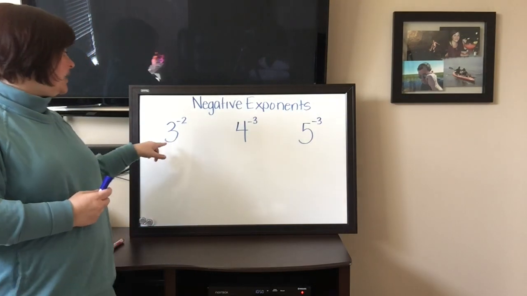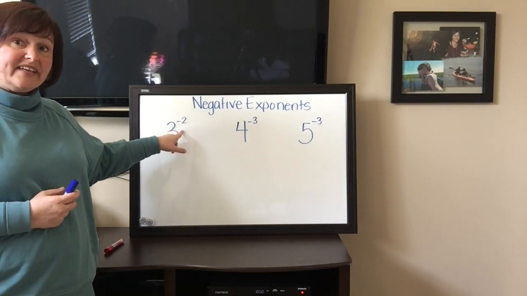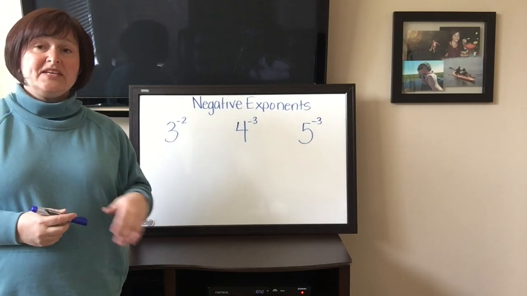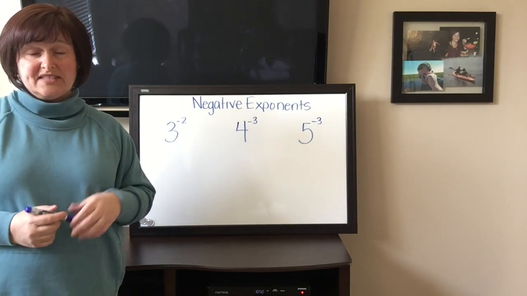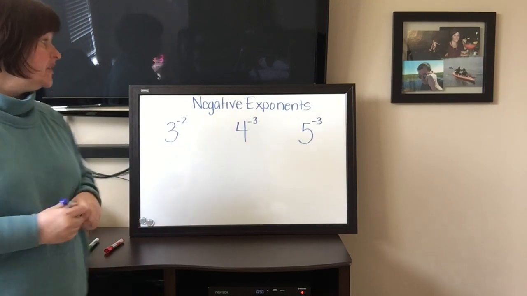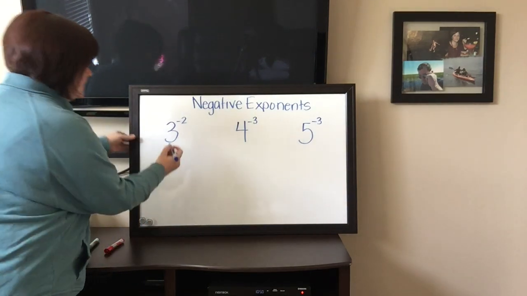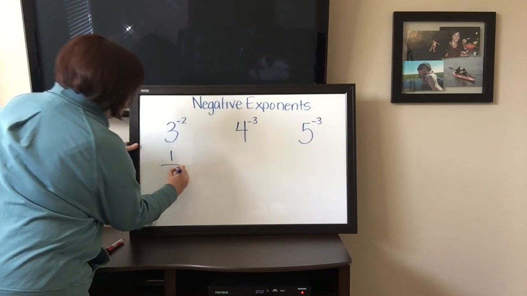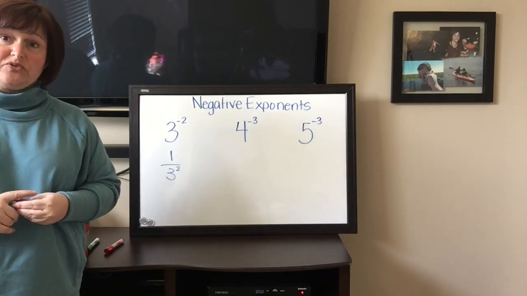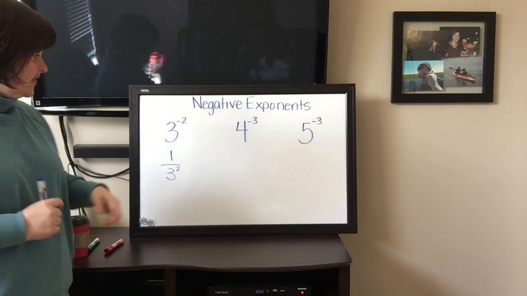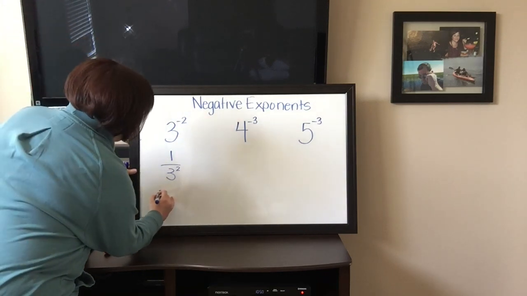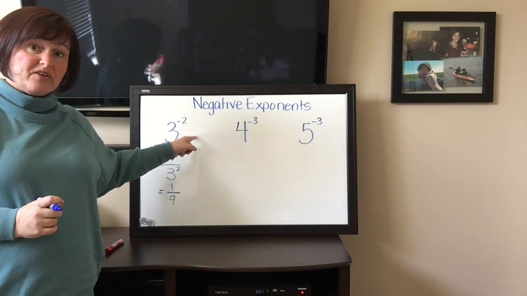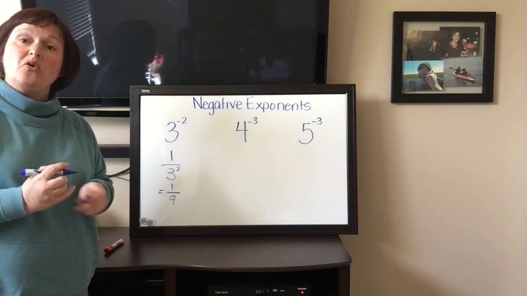And therefore, when we have 3 to the power of negative 2, we actually have to do division. Now, the easiest way to do this is turn it into a fraction, which means that 1 over 3 to the power of positive 2 will give you your answer. So in this case, it would actually equal 1 over 9. 3 to the power of negative 2 is 1 over 9.